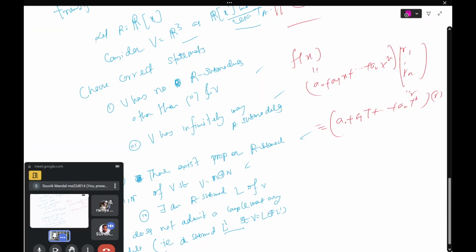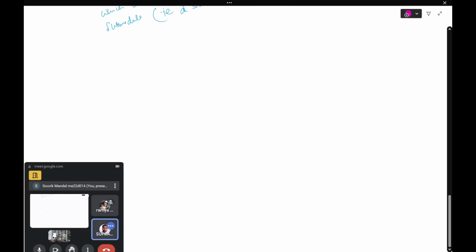Why do you think option one is correct? It seems there is no response. I cannot tell him it's correct. Anyway, so the point is that.